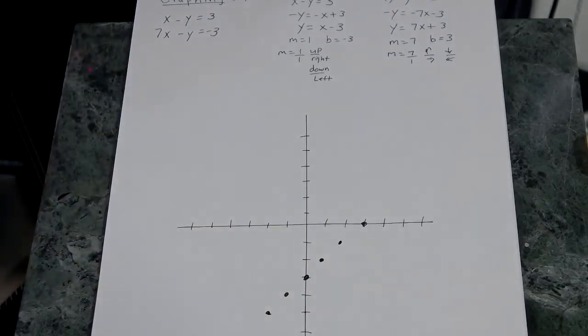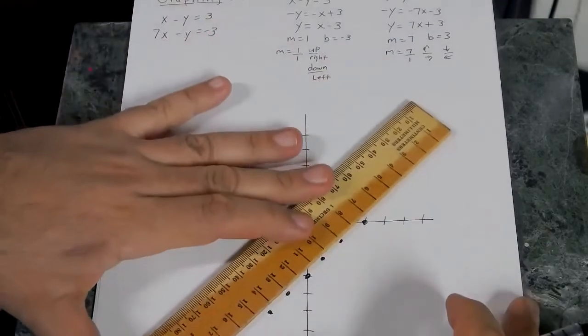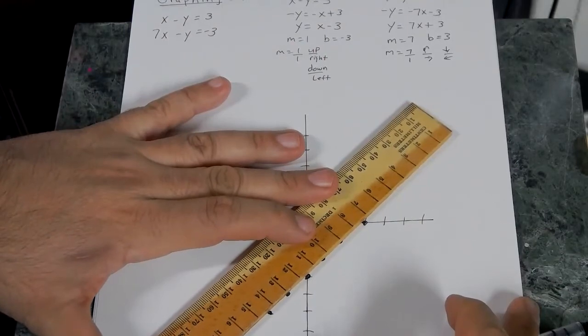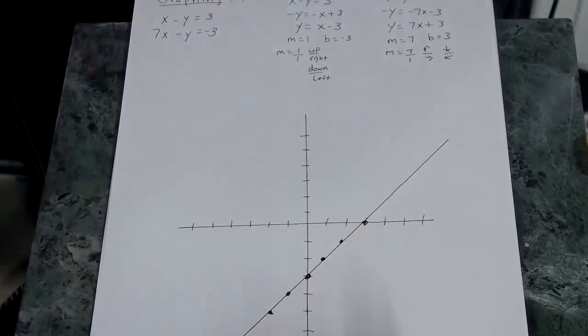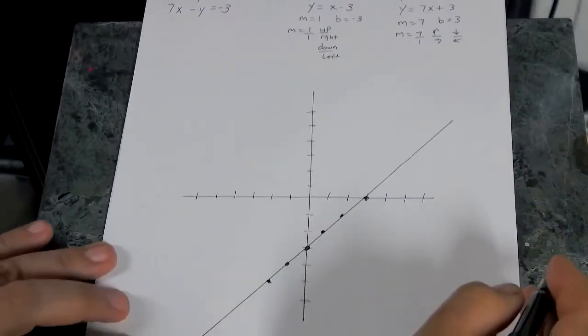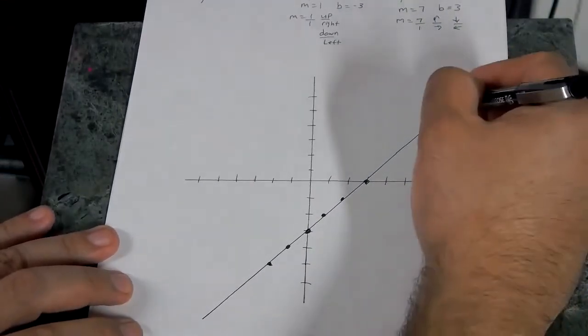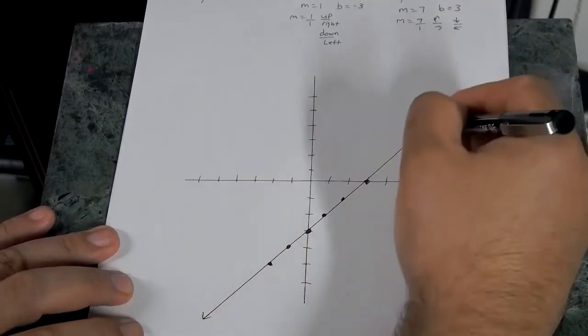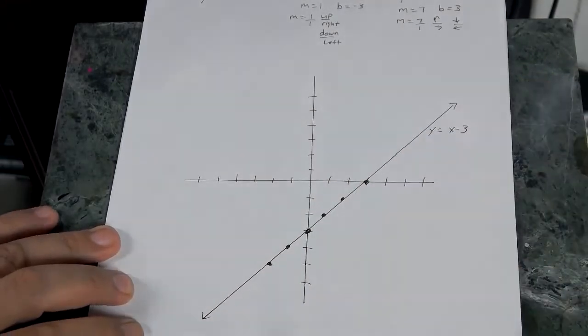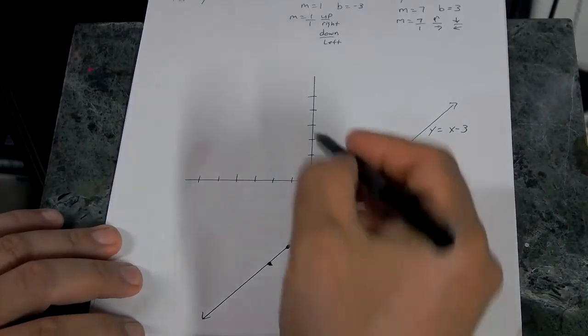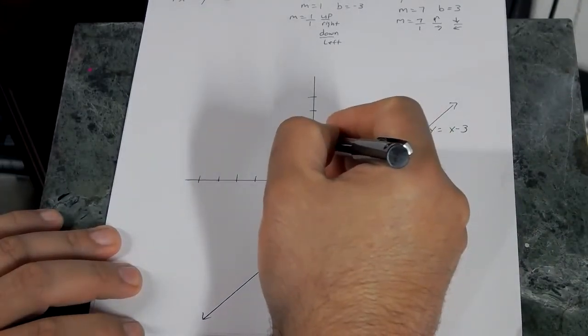And then using a ruler, this is this equation right here: y equals x minus 3.